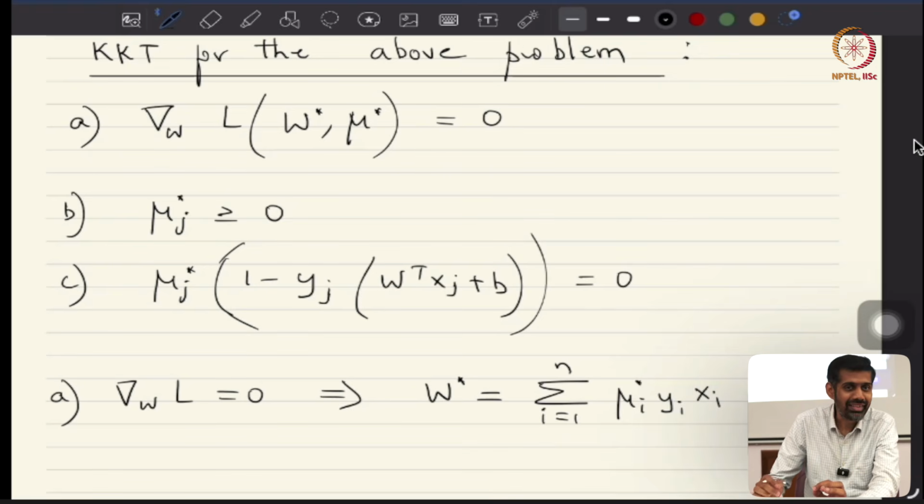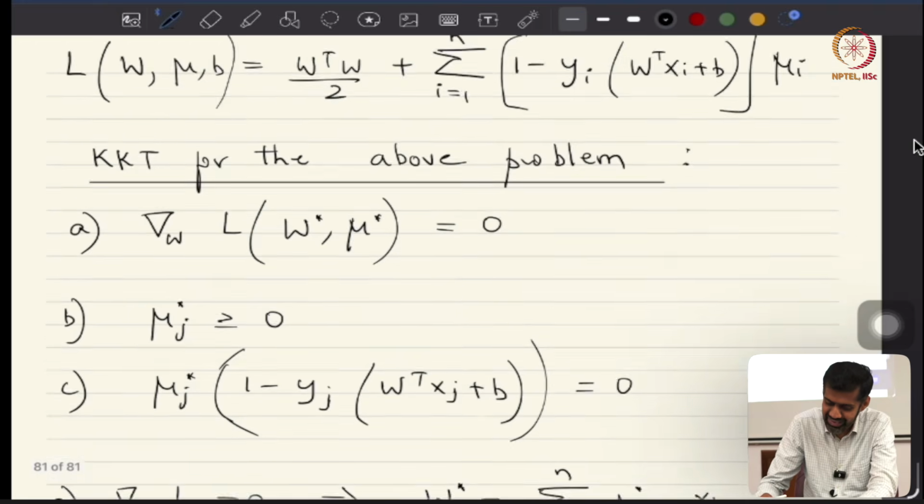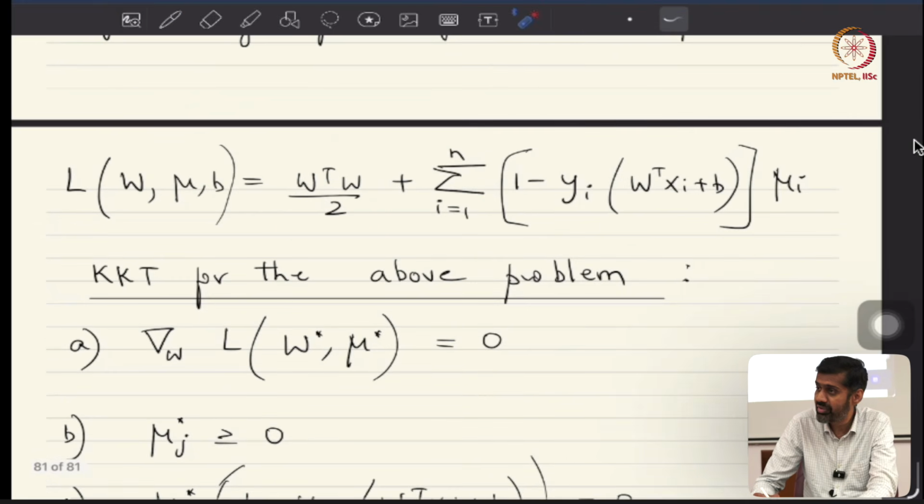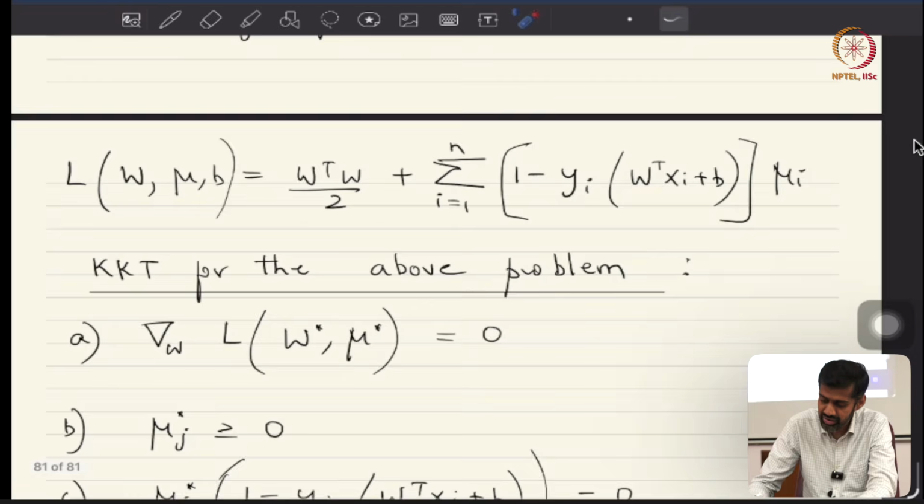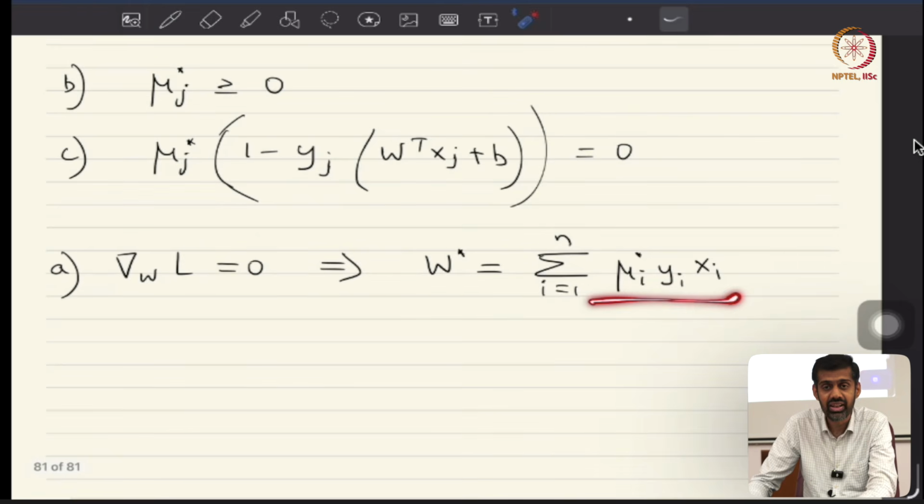Please do the algebra. Take the Lagrangian and take the derivative of it, which you can see very simply. If you take the derivative with respect to w, there will be a w in the norm term, and the mu term will go away. The y_i w transpose x_i term is around, and mu_i will get multiplied and w will go away. Therefore, what survives is only mu_i star y_i times x_i, that is it, it is simple.